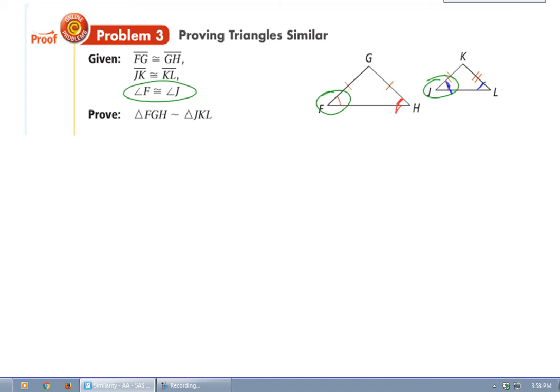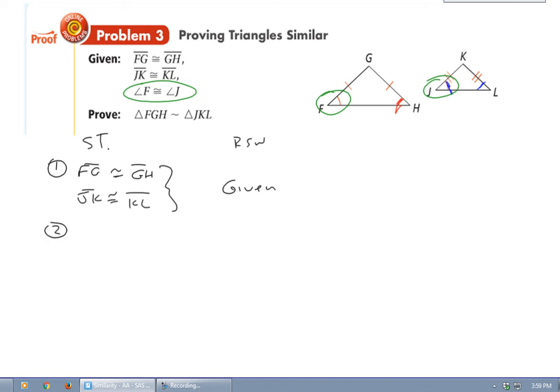So, let's get right to it. First order of business is FG is congruent to GH, and also JK is congruent to KL. The reason for that is given. So these are my statements. These are my reasons.